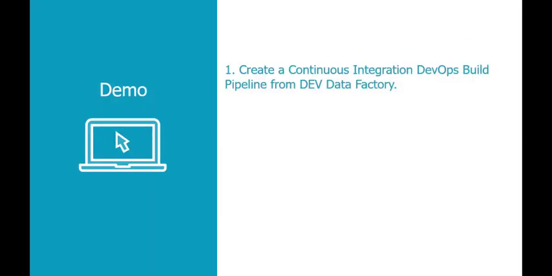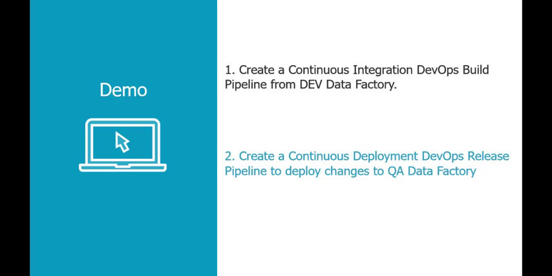In this demo, we'll create a continuous integration DevOps build pipeline from a GitHub repo containing a dev Azure Data Factory environment. We'll also create a continuous deployment DevOps release pipeline containing the dev to QA Azure Data Factory environment changes.